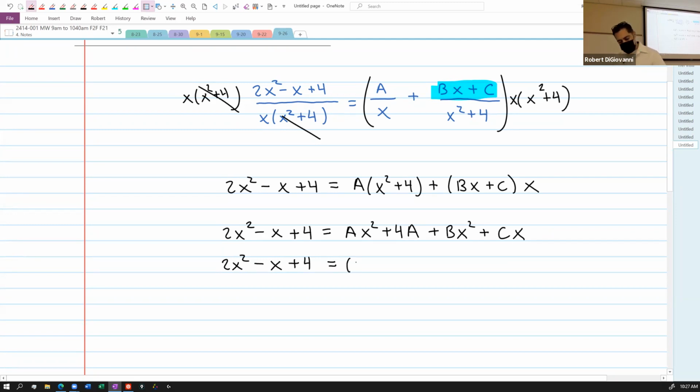I have an a and a b. Only have the cx and then the 4a. Anyone disagree? Everything look okay? I know I'm moving faster through this one.